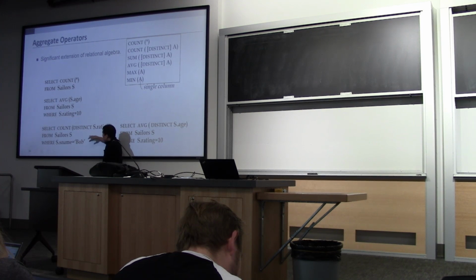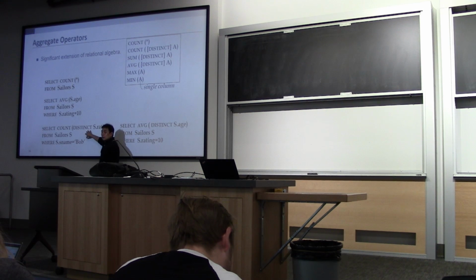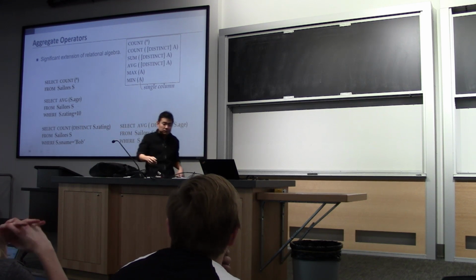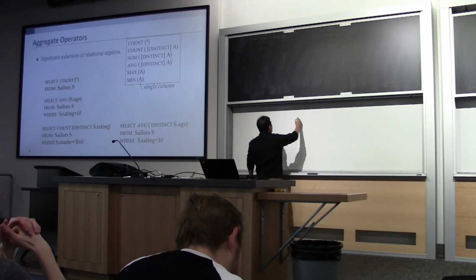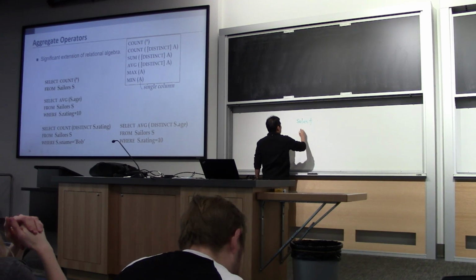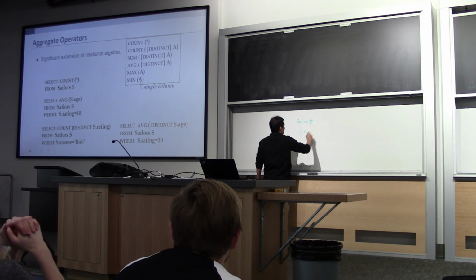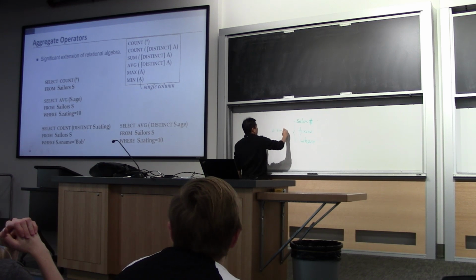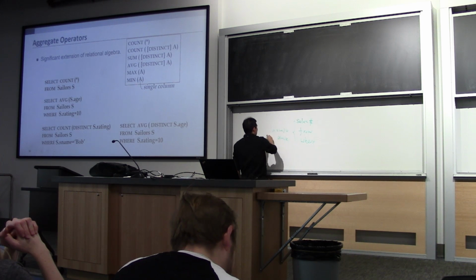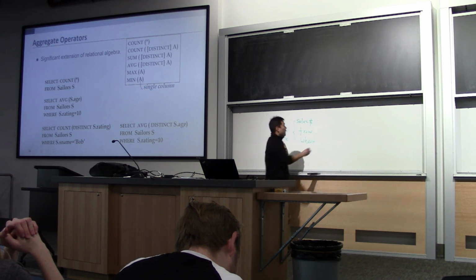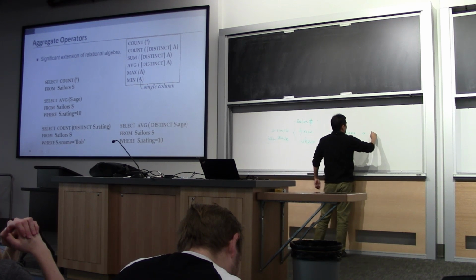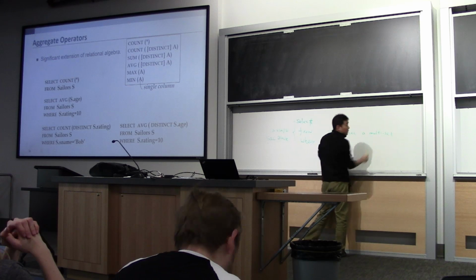Now look at the last one. How many distinct rating values have sailors named Bob received? The idea to understand this is each select-from-where block is a simple SQL block. This block defines a multi-set. Why a multi-set?